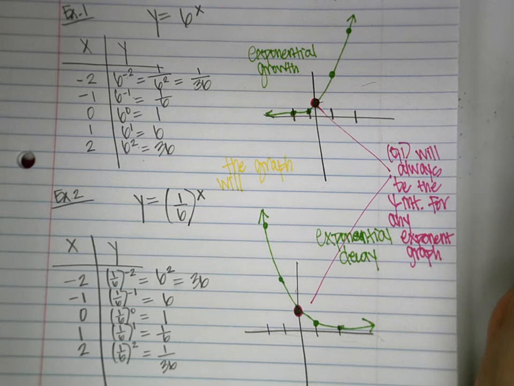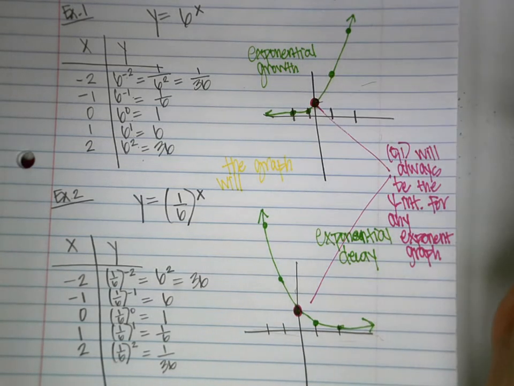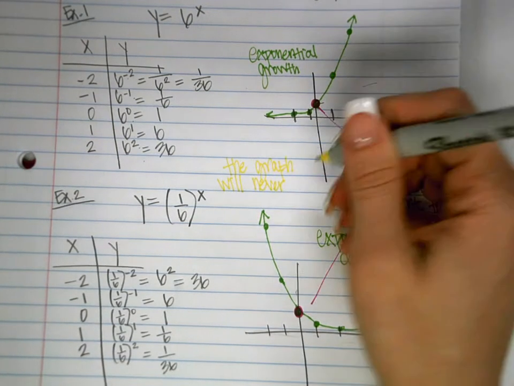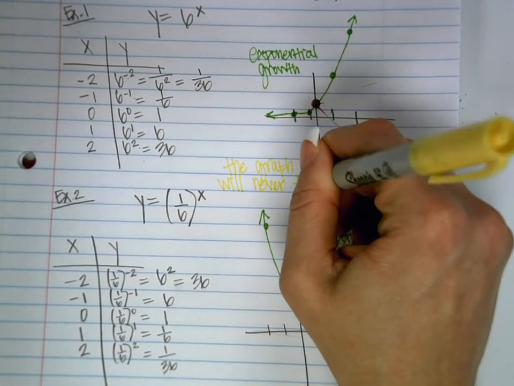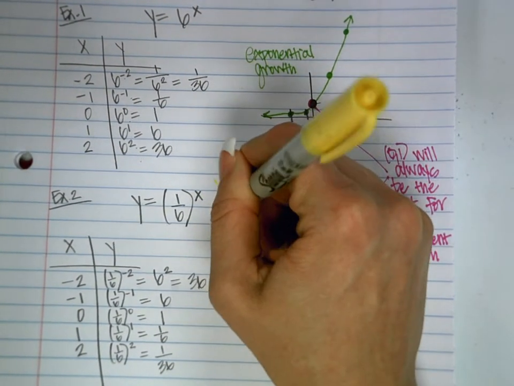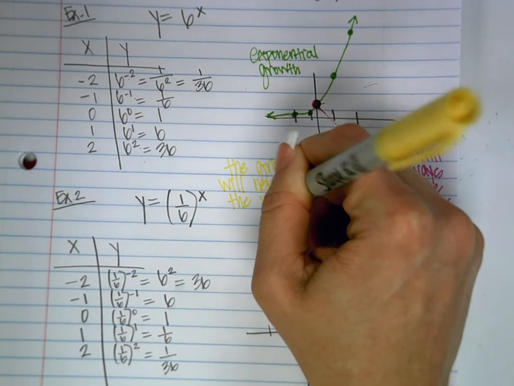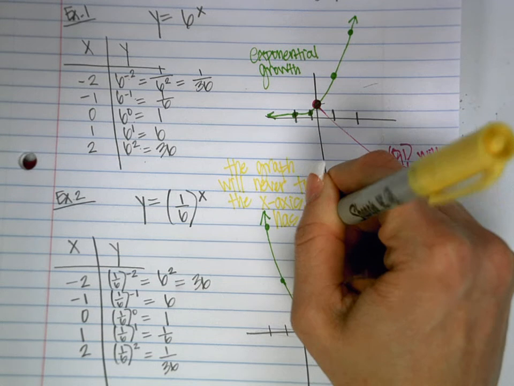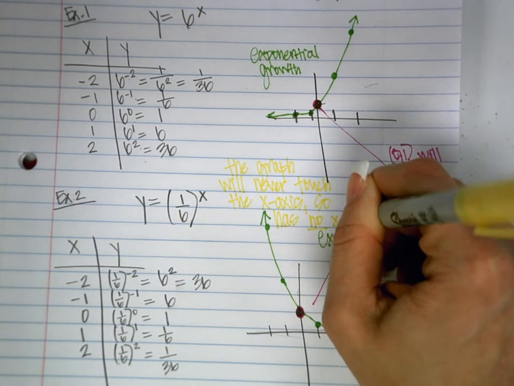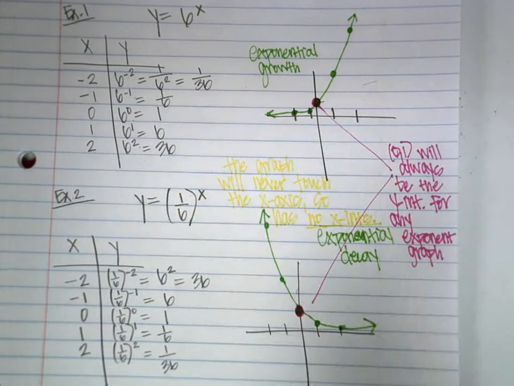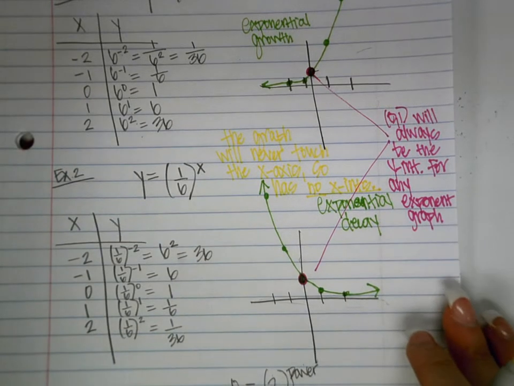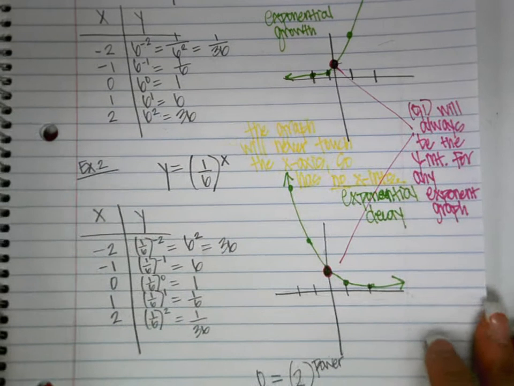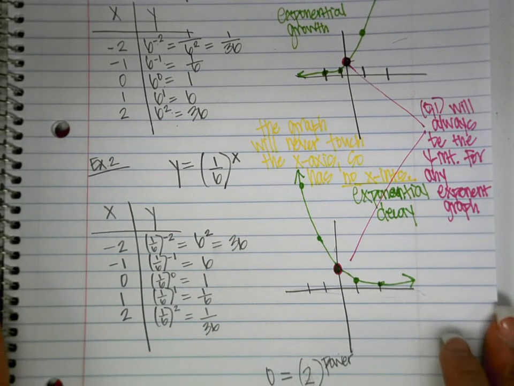Will it ever have any x-intercepts? No. The graph will never touch the x-axis, so it has no x-intercepts, ever.